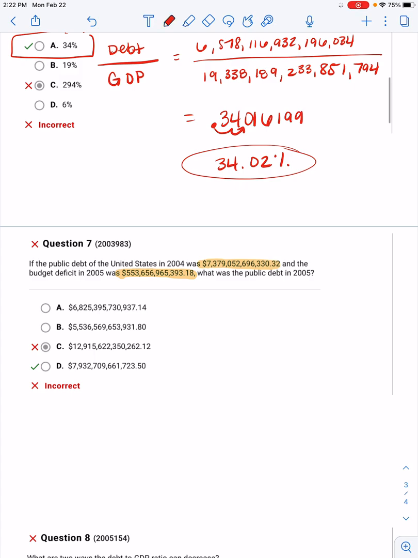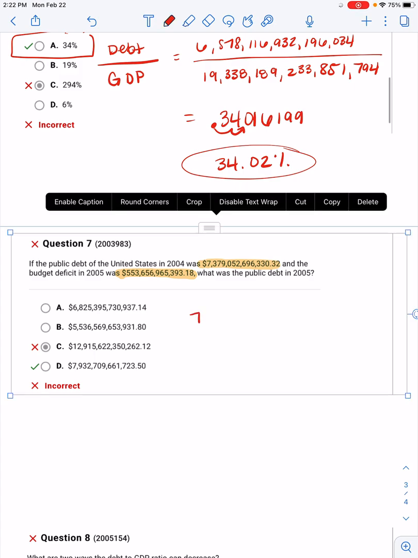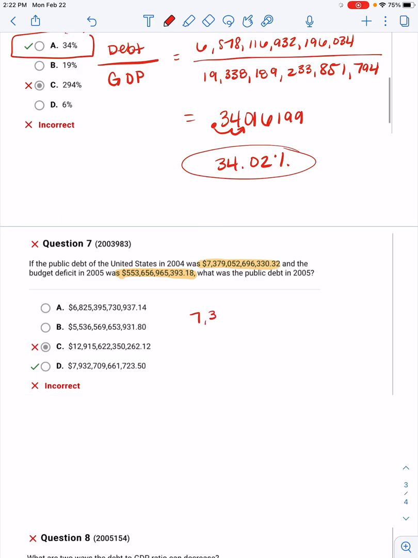So again, do this very carefully. You have 330.52690.330.32 plus, and then I'm going to write from this end because I don't know how it lines up. 965,656, and then 553.